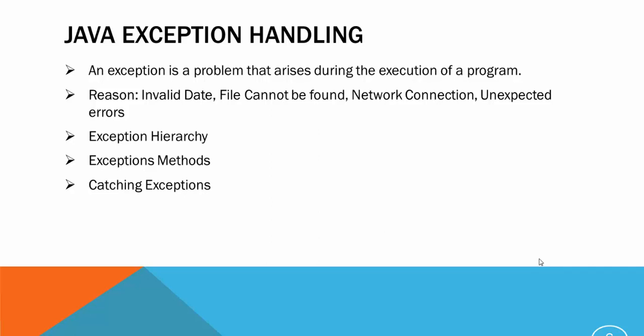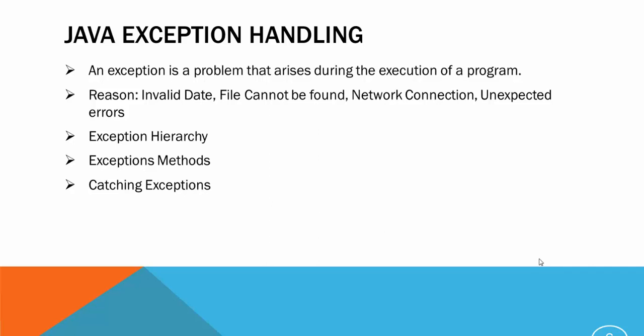Or I try to communicate from one network to another network and there is some network issue, or it could be some unexpected error. So these are the situations where an exception happens during execution of a program, which we need to handle.